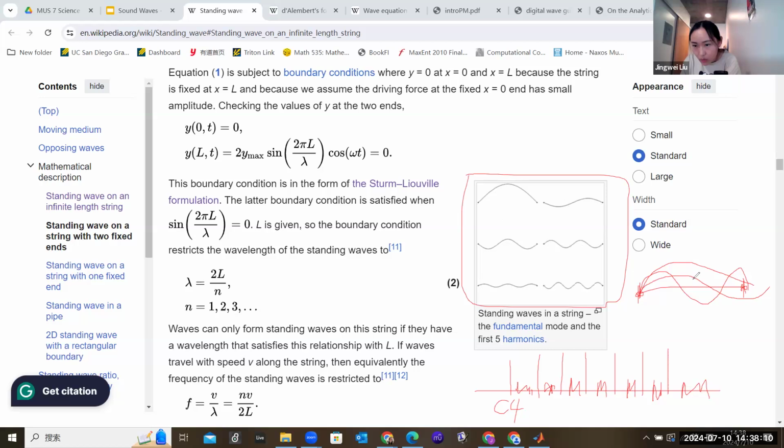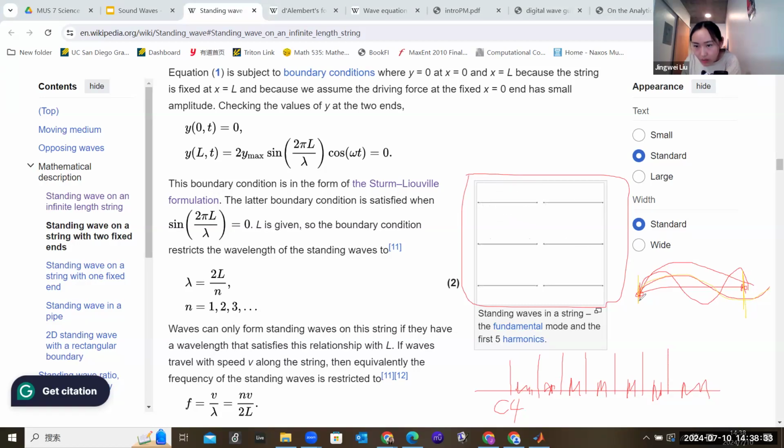Let's say we have another wave, this wave. It is not an integer multiple of the fundamental frequency, and it doesn't meet the boundary condition.